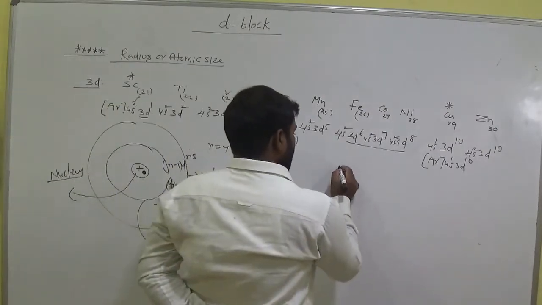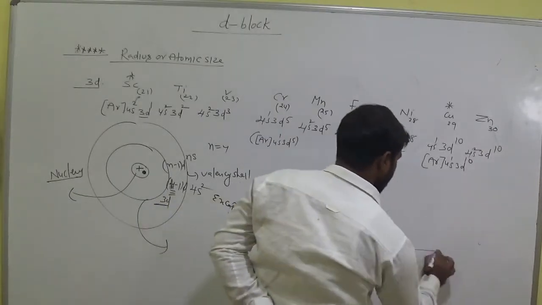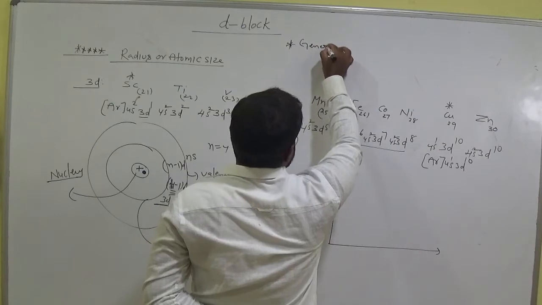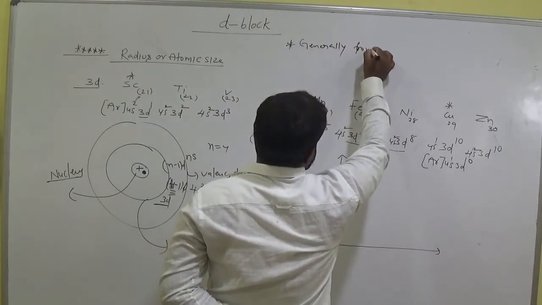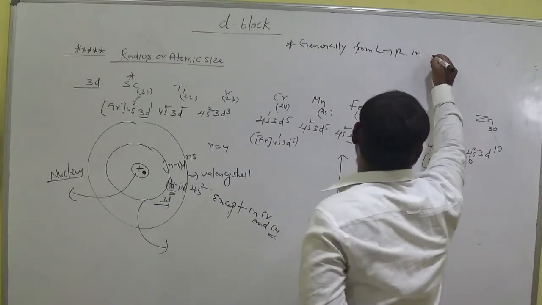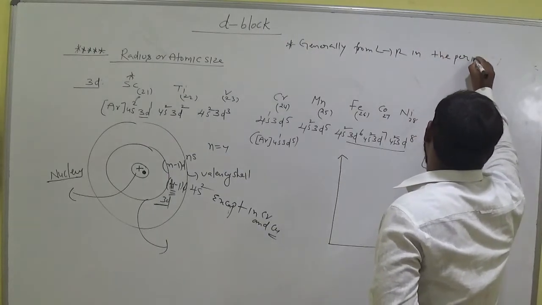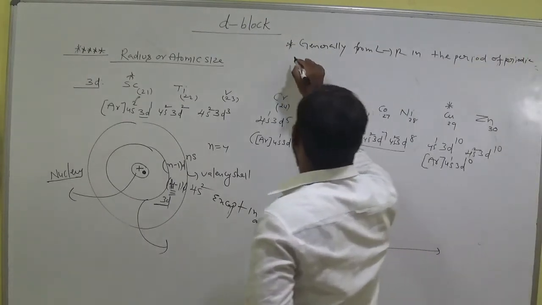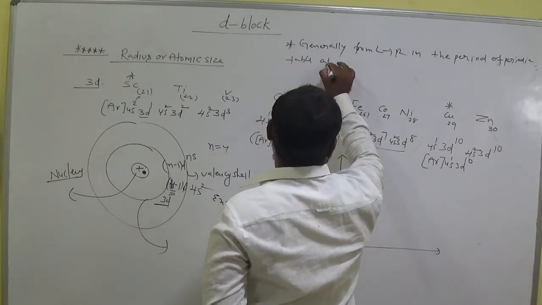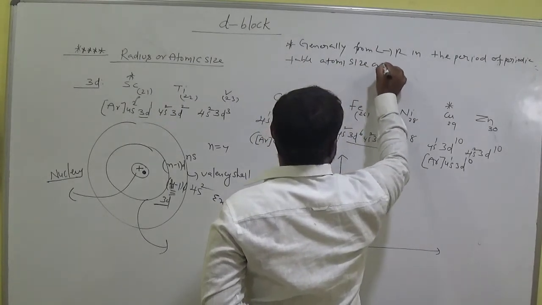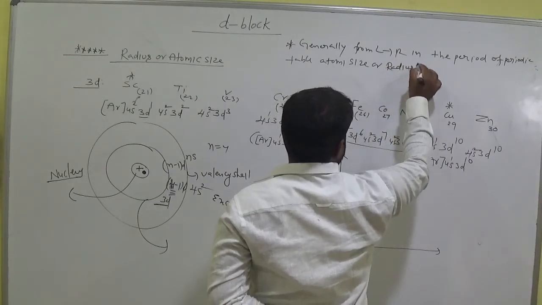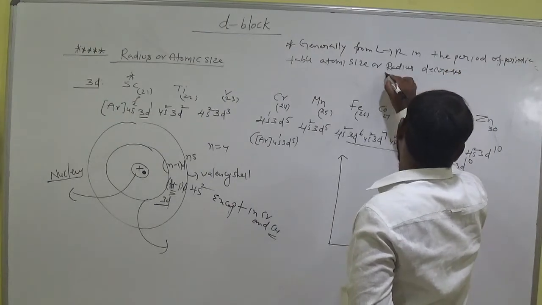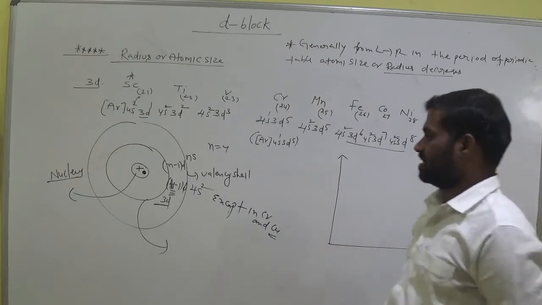So now let's see the graphical representation here. Note here, generally from left to right in a period of the periodic table, atomic size or radius decreases.